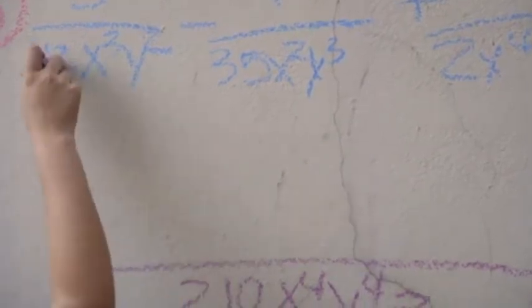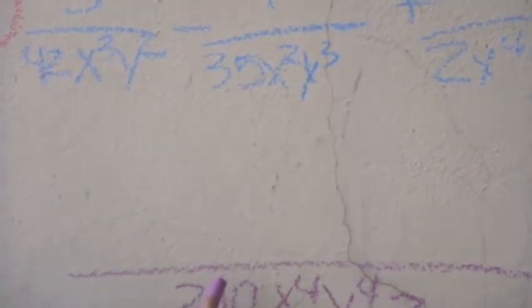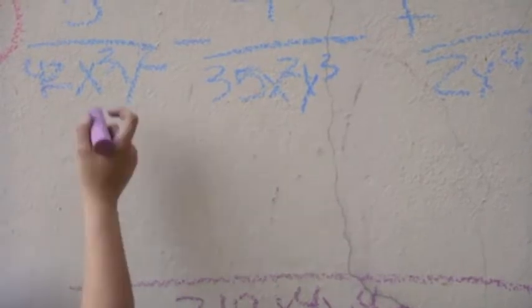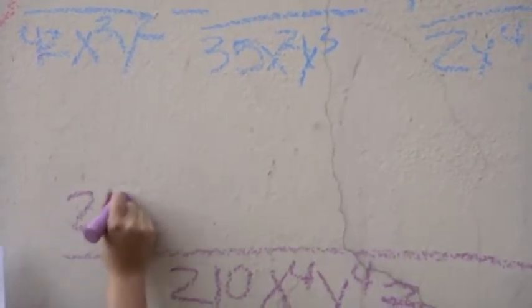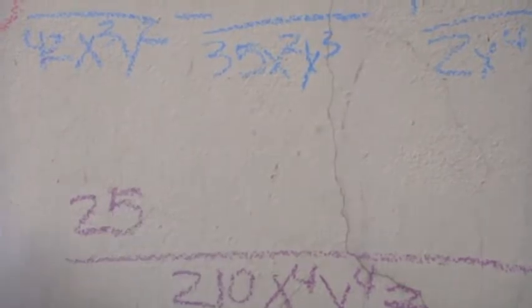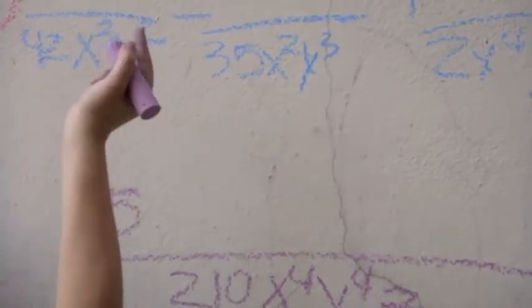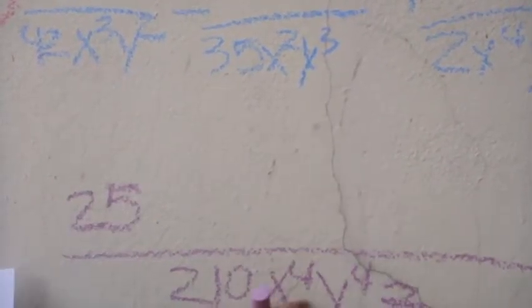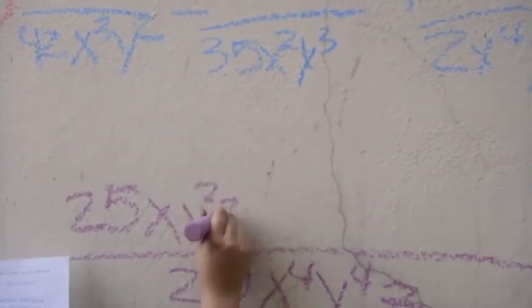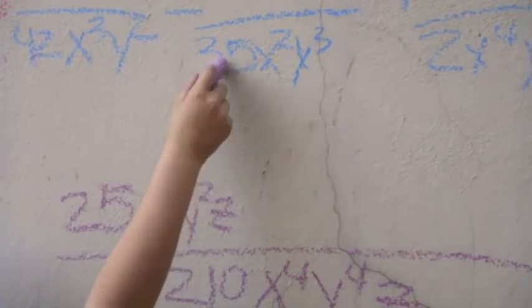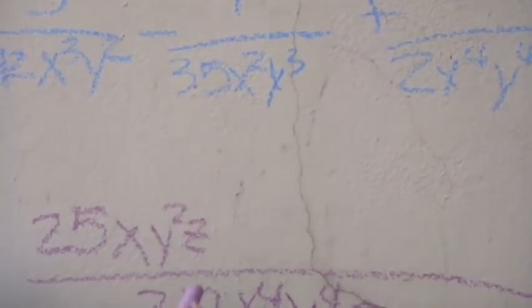We multiply 42 times 5 to get 210. So we will multiply this numerator times 5 to get 25. And we multiply these variables to whichever variables that will get you these. So it's x, y squared, c. Then we multiply the 35 by 6 to get 210.